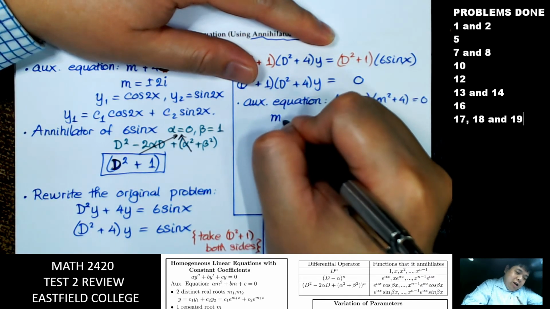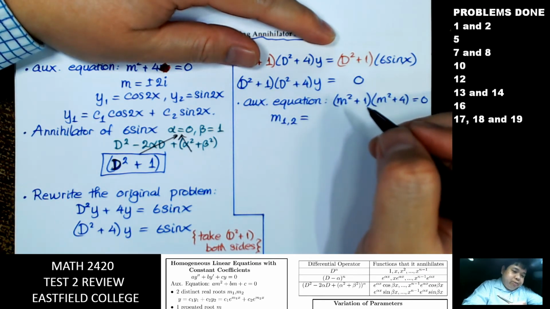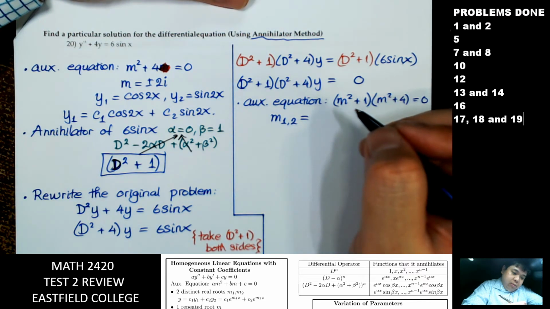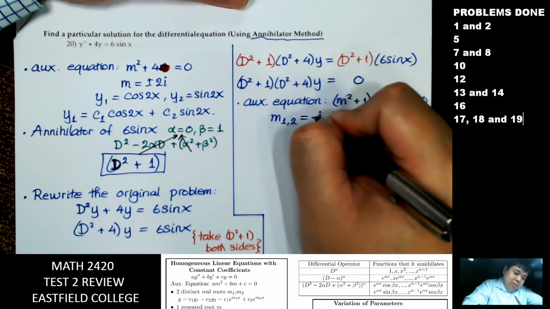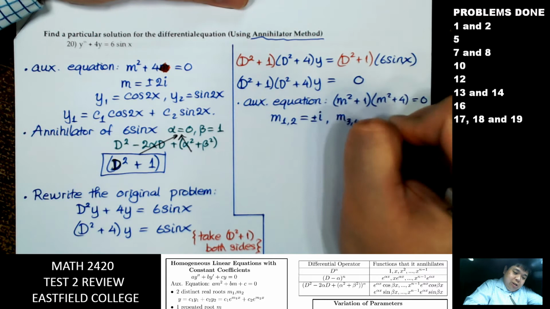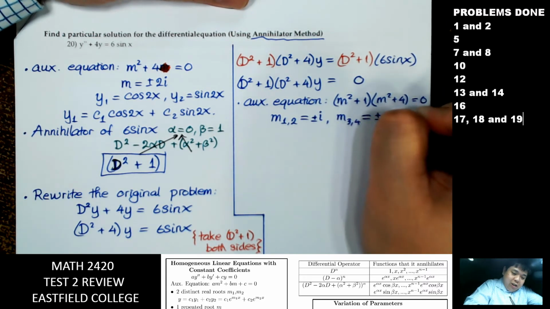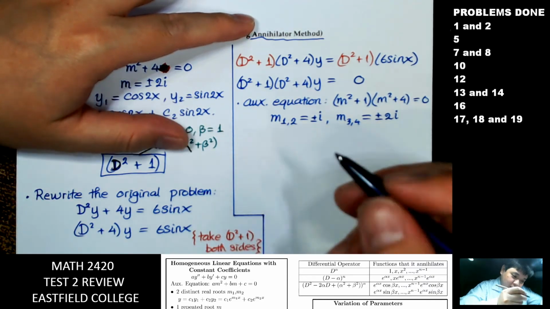So we have m1 and 2 equal to plus or minus i, sorry, m3 and 4 plus or minus 2i. So we have the solution.